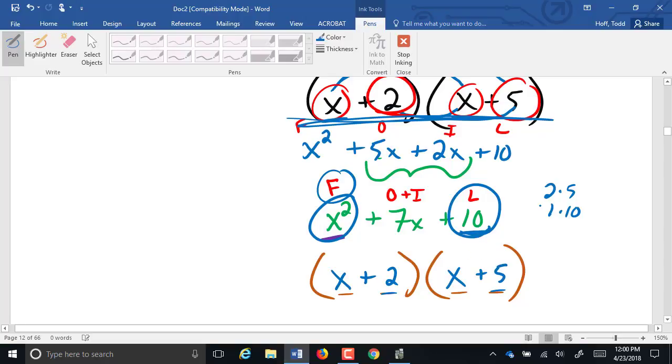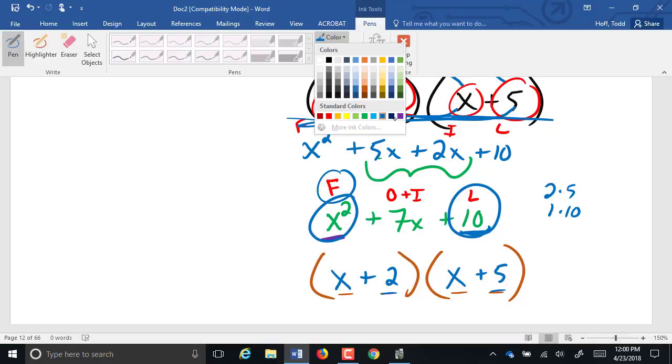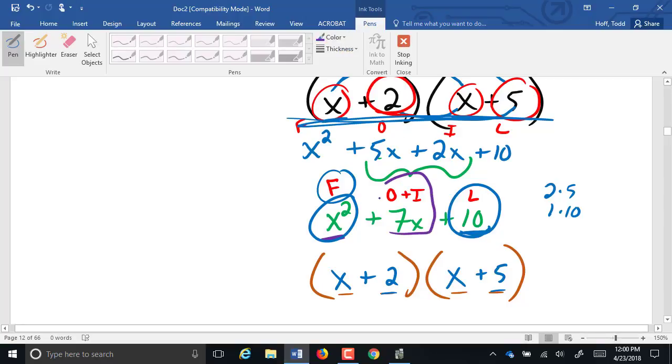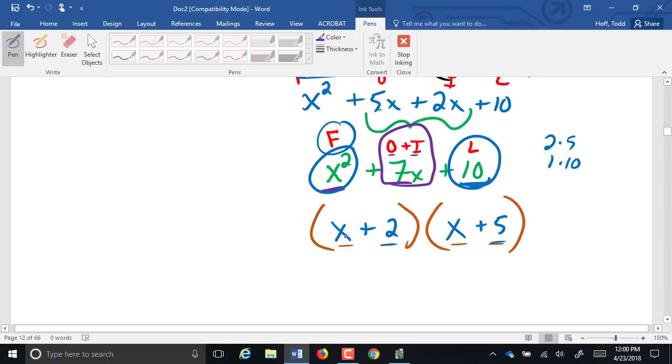To figure out which one is right, we do just guess one, and then we double check. We know that this middle digit, the 7X, has to come from the outside and the inside. So we guess the 2 and 5, and then we check. On the outside, we have X times 5 is 5X. On the inside, we have 2 times X, which is 2X. 5X plus 2X is 7X.